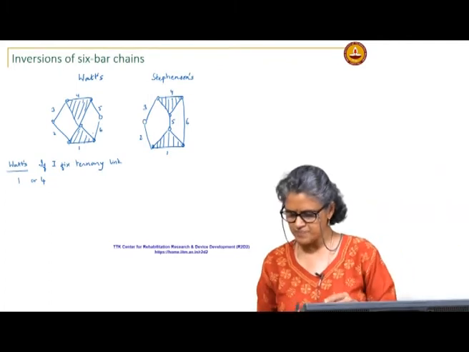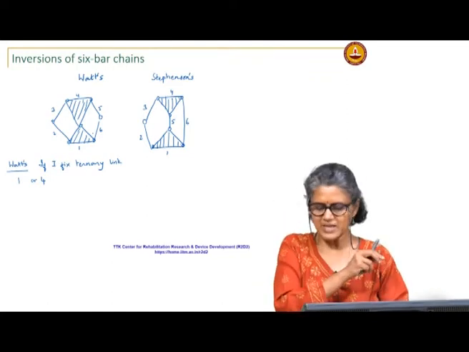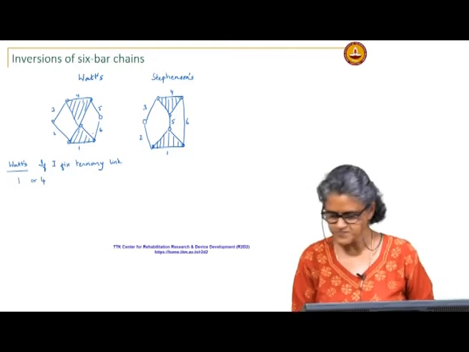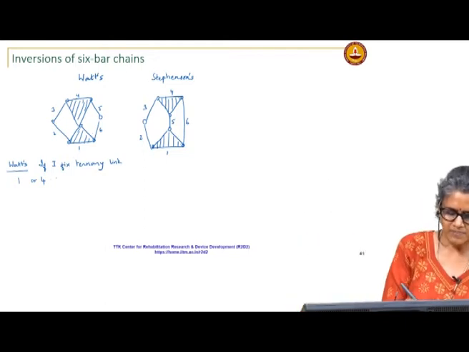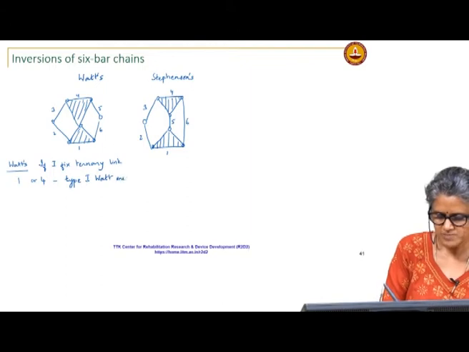So, that is, and whether it is 1 or 4, basically they are non-distinct inversions in terms of the form of the inversion, and that is called a type 1 Watt mechanism. Watt's mechanism.